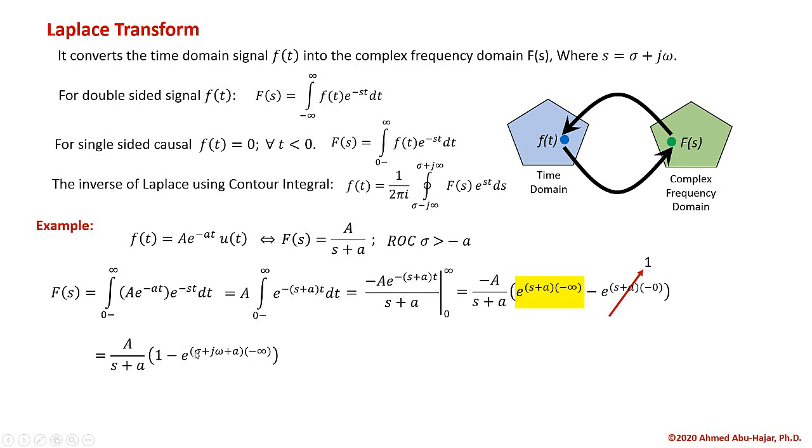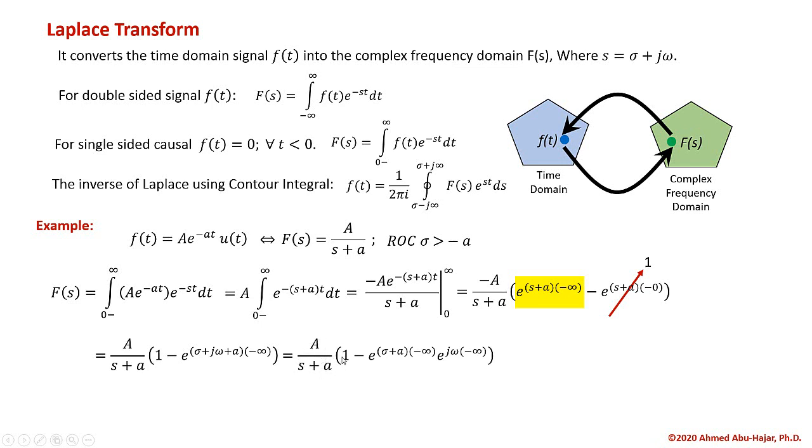Now what I'm going to do is break this exponent. So I'm going to group the real values, which are the sigma plus a, and multiply them by minus infinity. And remember that if you add exponents, it's the same as multiplying the two exponential functions together. So I'm going to play with this here. Basically what I will have is the A over s plus a, so this term is the same.